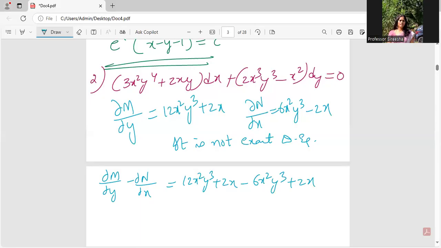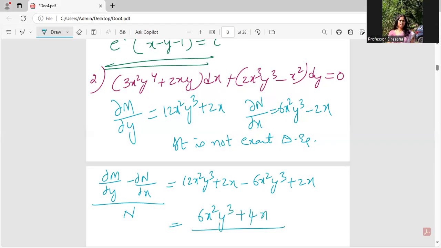One thing that you ought to remember is, if I'm going with ∂M/∂y, then the denominator will have N. If it is ∂N/∂x, then the denominator will have M. So 12x²y³ − 6x²y³ would be 6x²y³ + 4x. What is N?